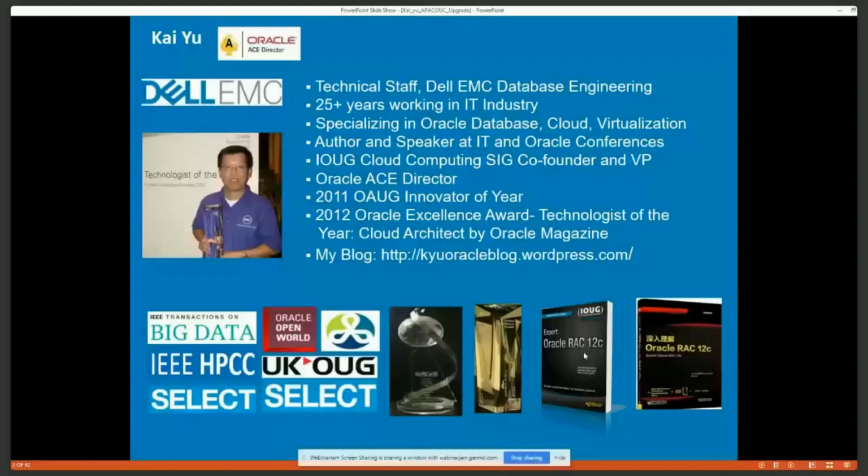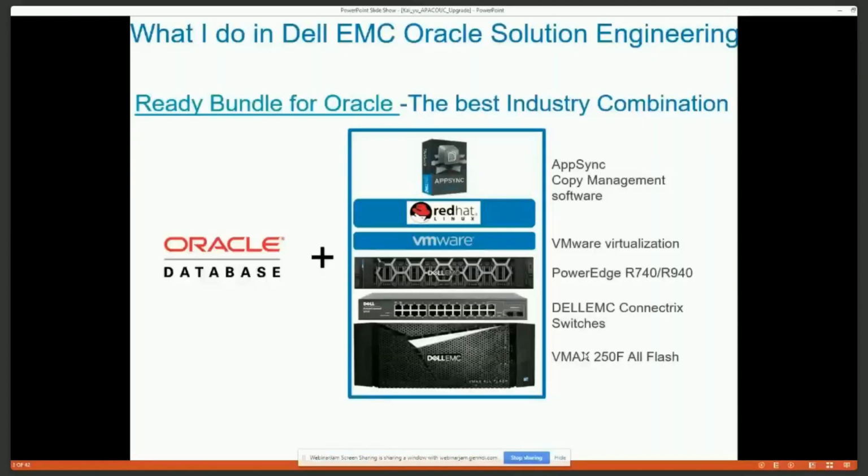This is what I do at Dell. I'm leading this effort to build infrastructure to run Oracle database. We provide all the required components, such as the storage, networking, server, operating system, and virtualized hypervisor stack, the entire stack to run Oracle database. We not only validate this infrastructure's functionality, we also provide the performance for certain fixed configurations.